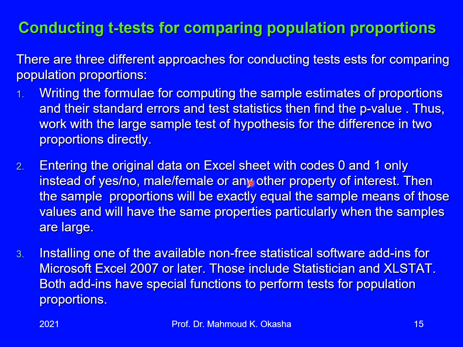The proportion of ones is exactly the same as the average of the whole column. So if you do that, then you can use exactly the same steps as before for comparing means. Your problem will be exactly the same as comparing means.